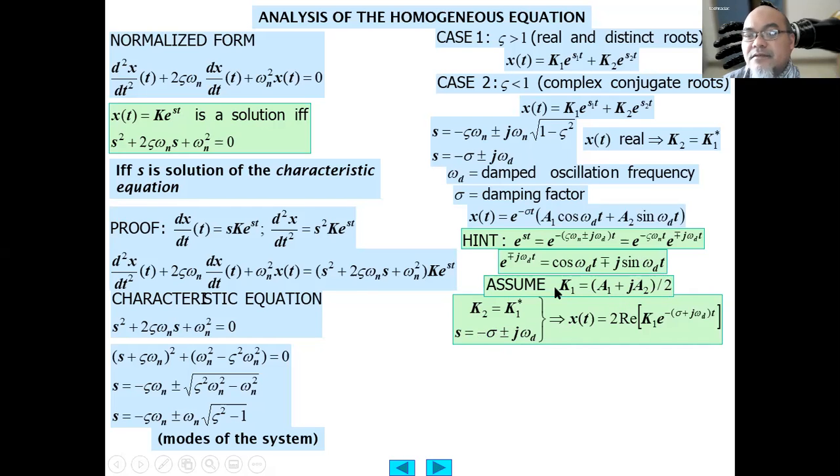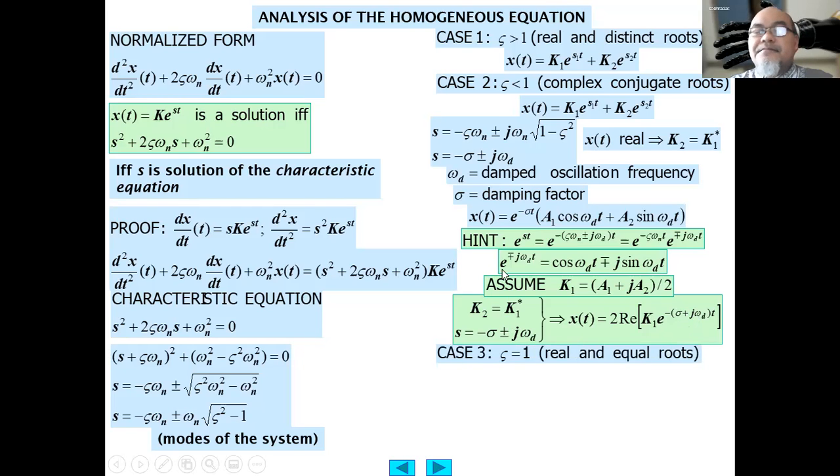So x(t) here equals 2 times the real part of k1 exponent st, or exponent minus sigma plus j omega d t.